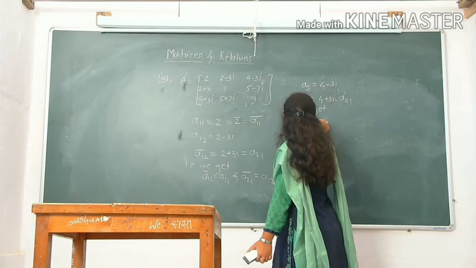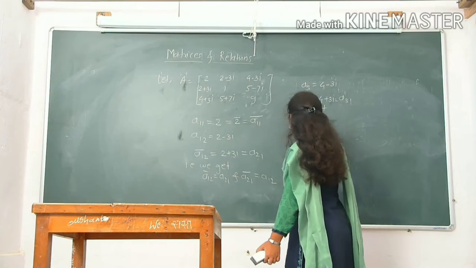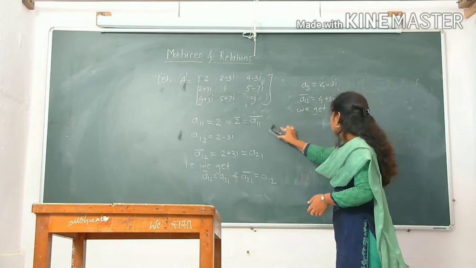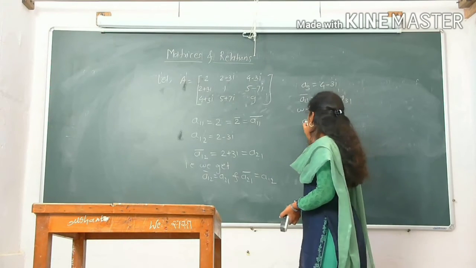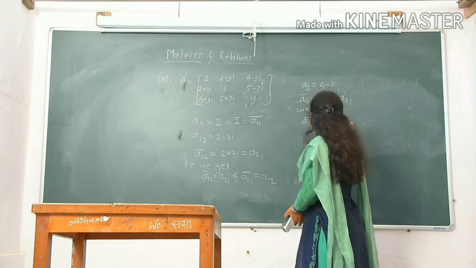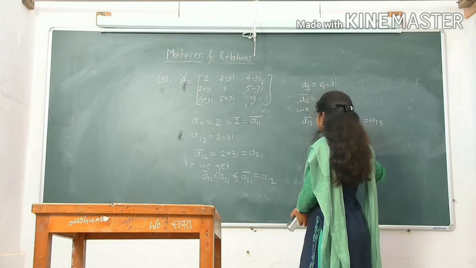So we get A13 bar is equal to A31 and A31 bar is equal to A13.